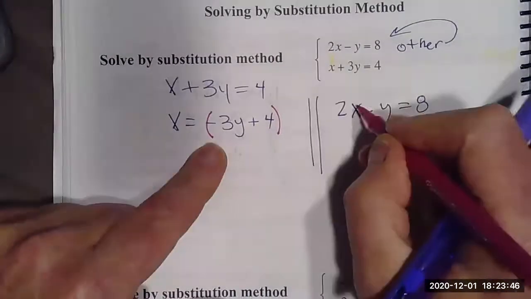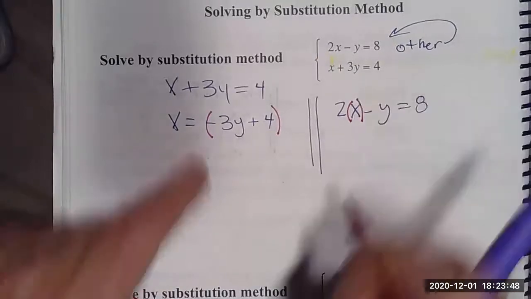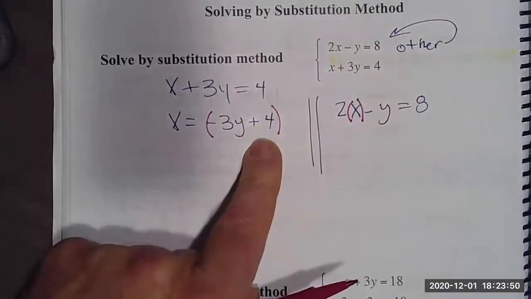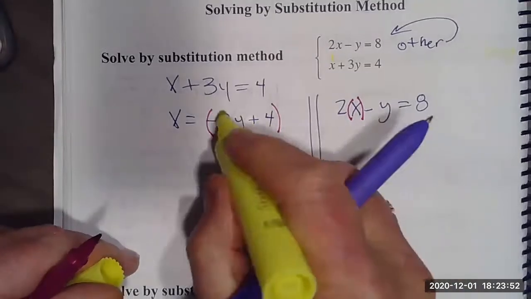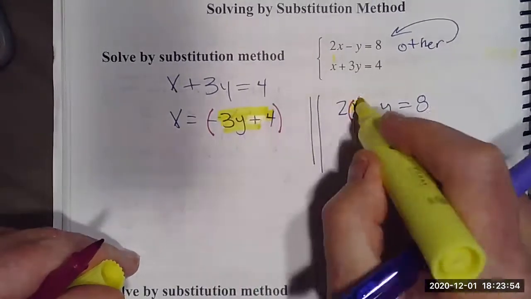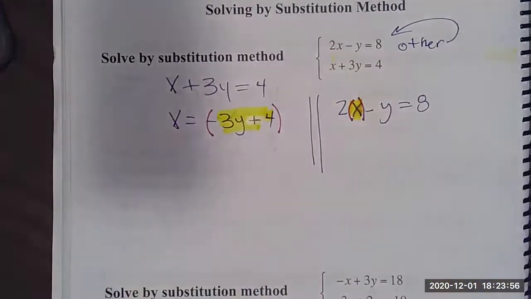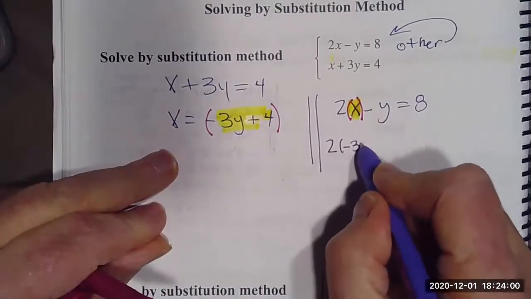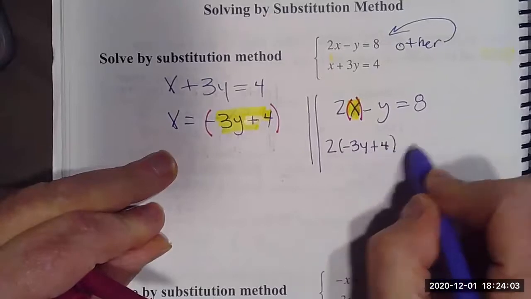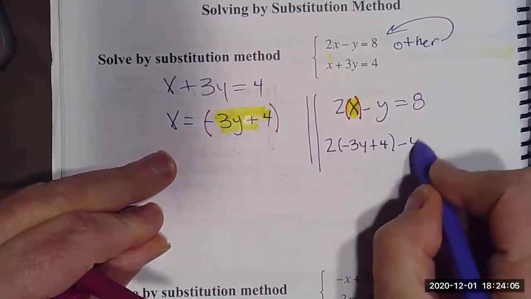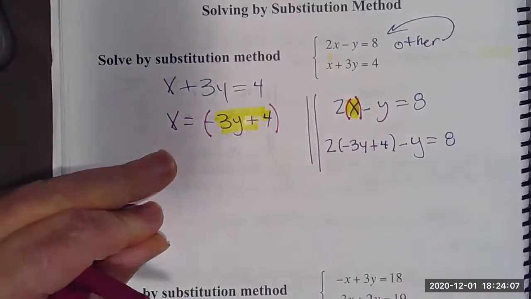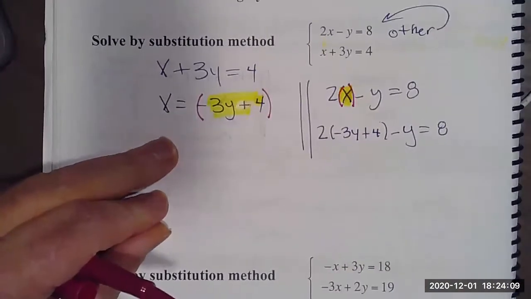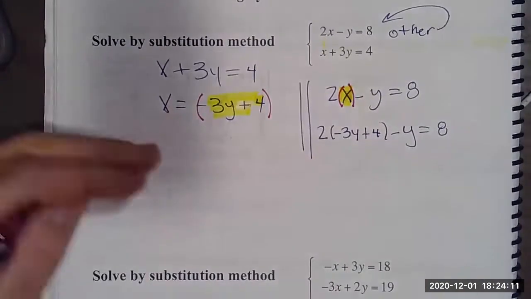Right where the x is, right here goes this stuff. So you go 2 parentheses negative 3y plus 4. Subtract y, write everything else the same, equals 8. And then you go about your business by trying to solve for, in this case, the letter y.